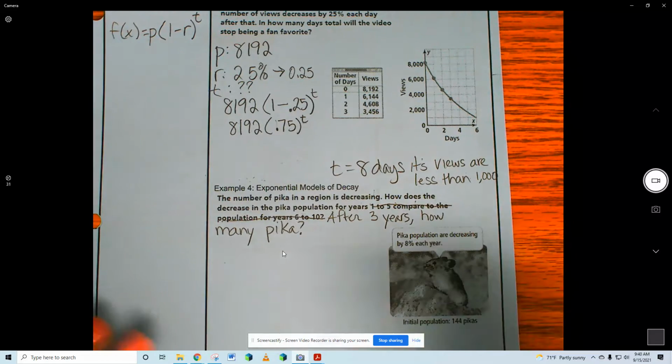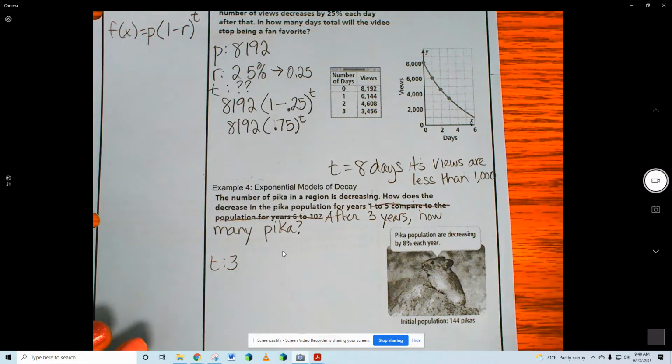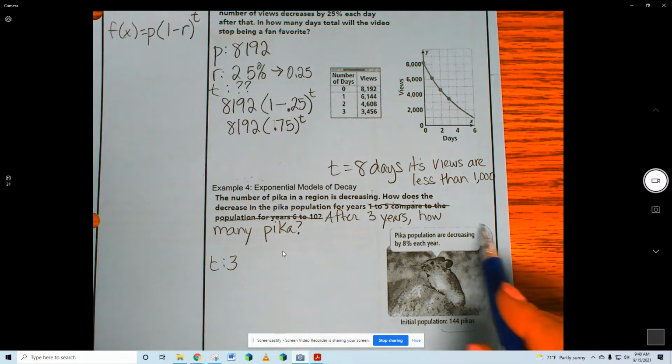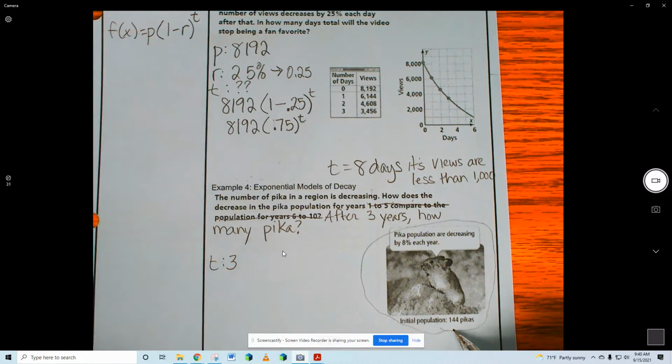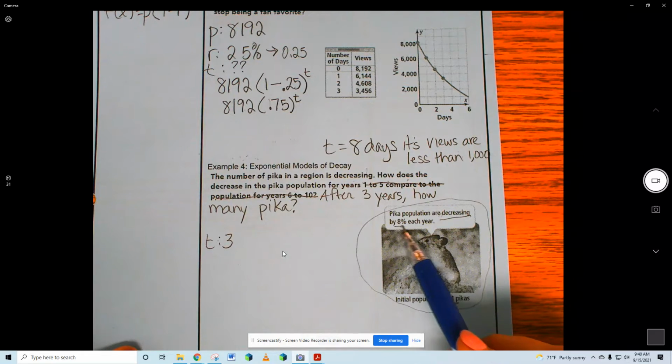So my time is going to be 3. In this picture, it tells us everything. Initial population, 144 of the animals. They decrease by 8% each year.